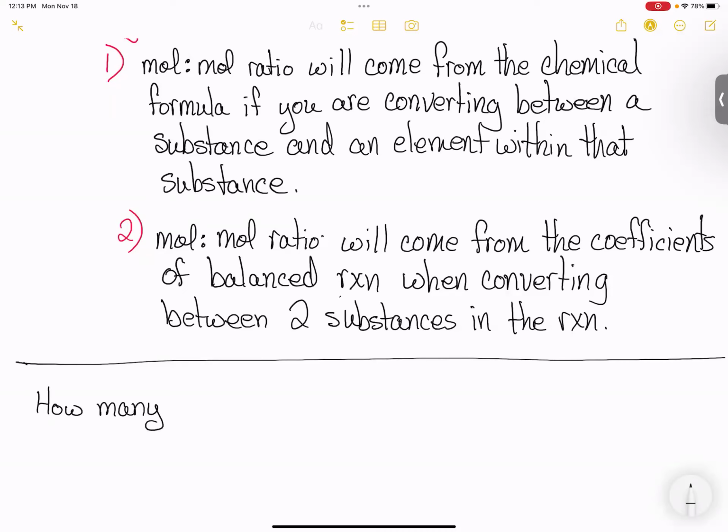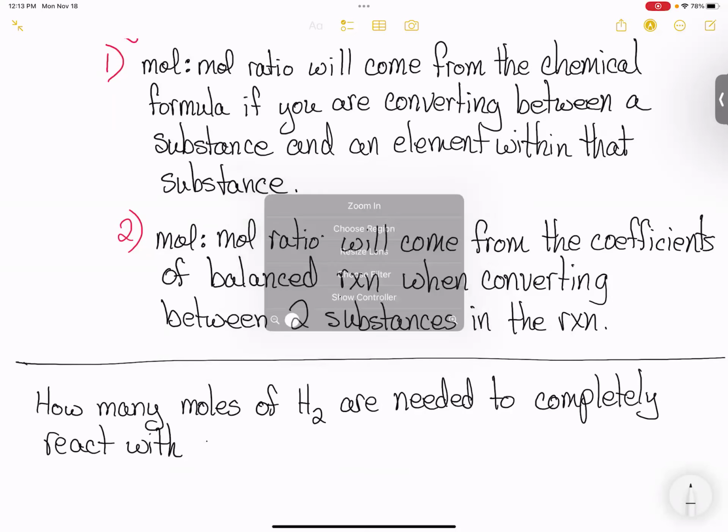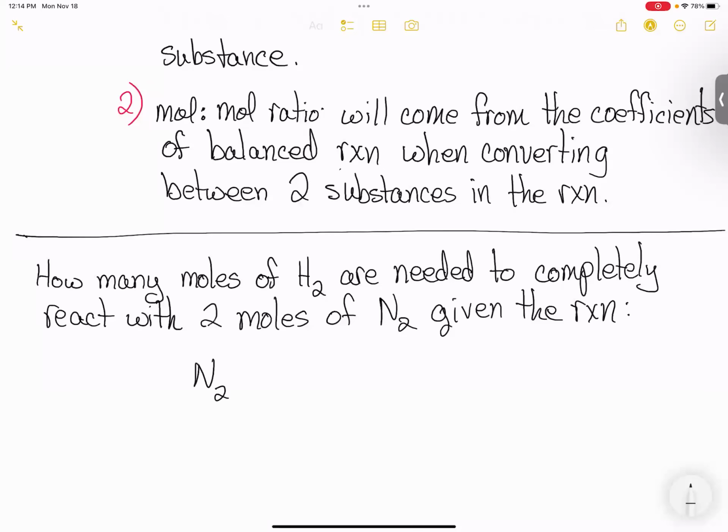How many moles of hydrogen are needed to completely react with 2 moles of nitrogen, given the reaction N2 plus 3H2 goes to make 2NH3.